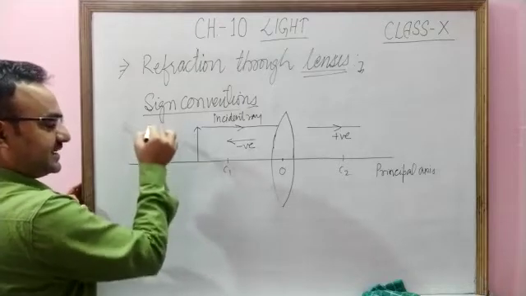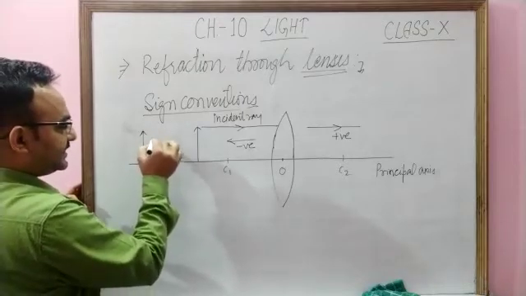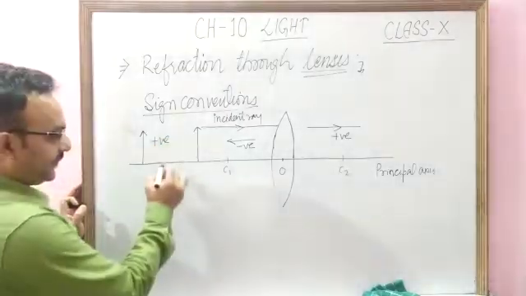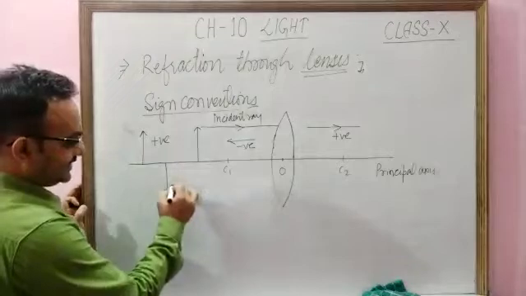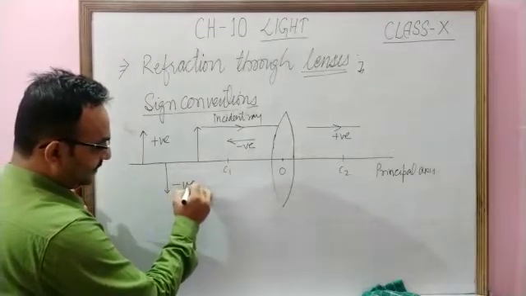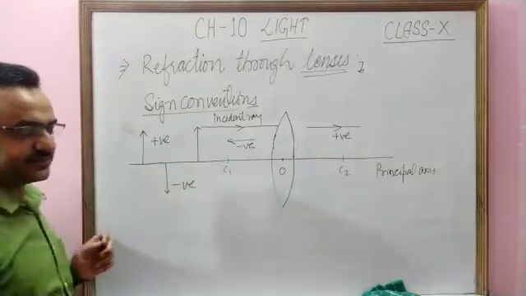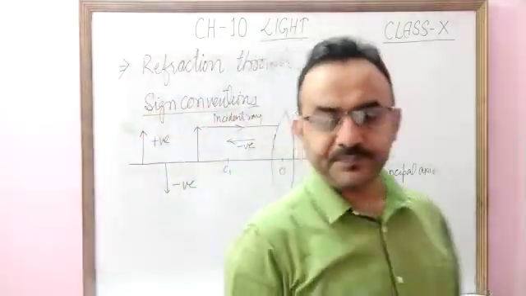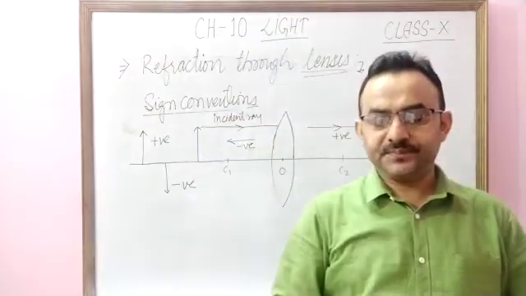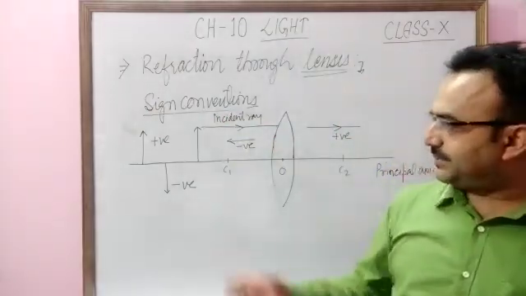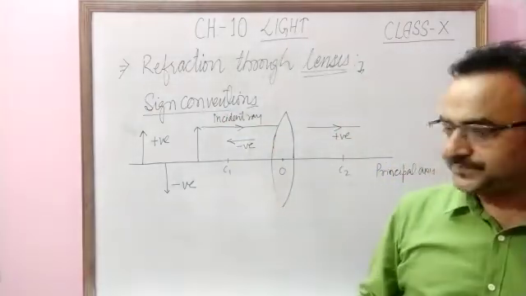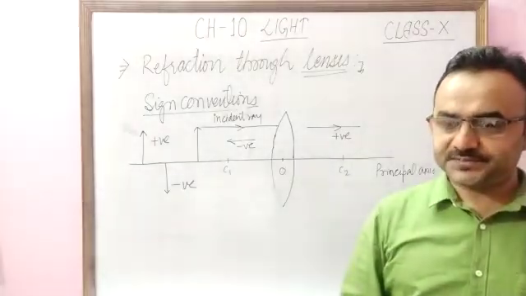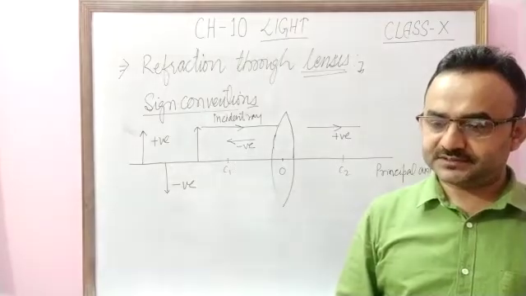The upward distances from the principal axis are taken as positive, and downward distances from the principal axis are taken as negative. Clear? So you have to keep in mind the sign conventions, then only you can solve the numericals clearly.